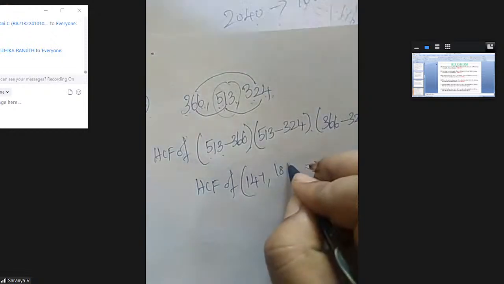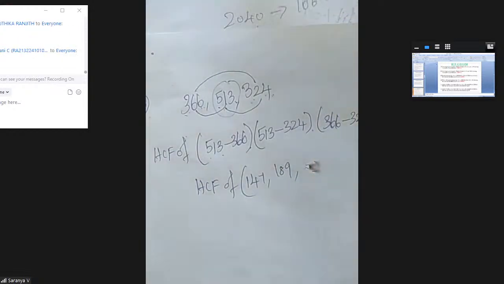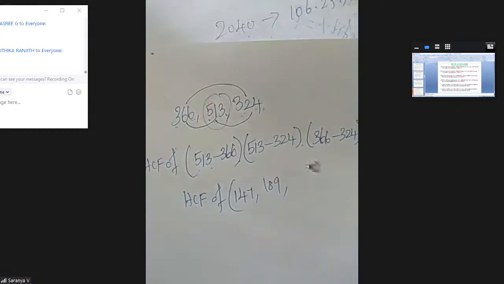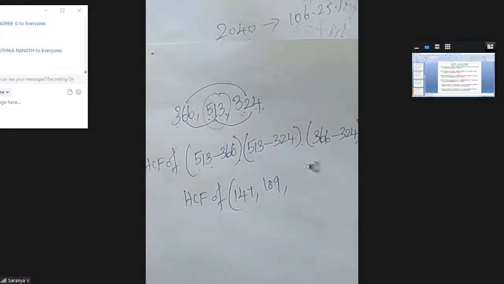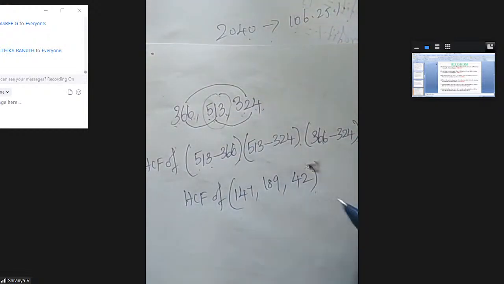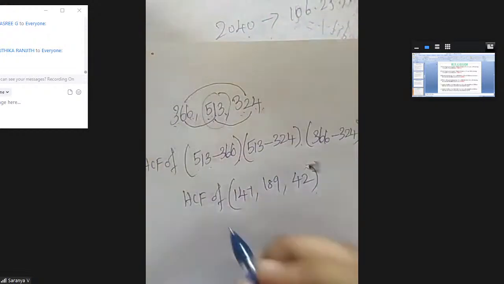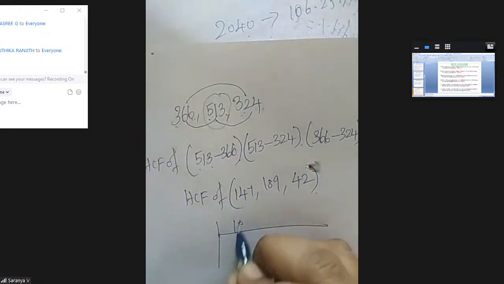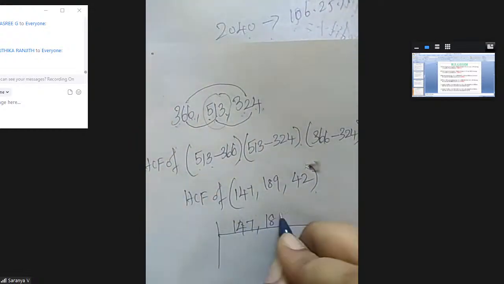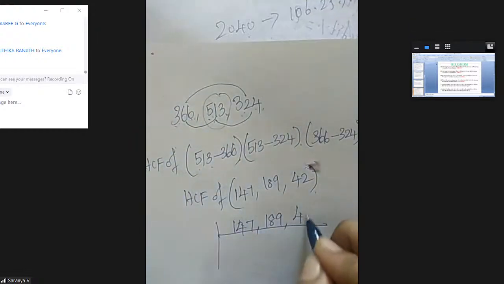Yes, 189. The difference between 366 and 324 is 42. Yes, 42. So now find the highest common factor of 147, 189, 42.